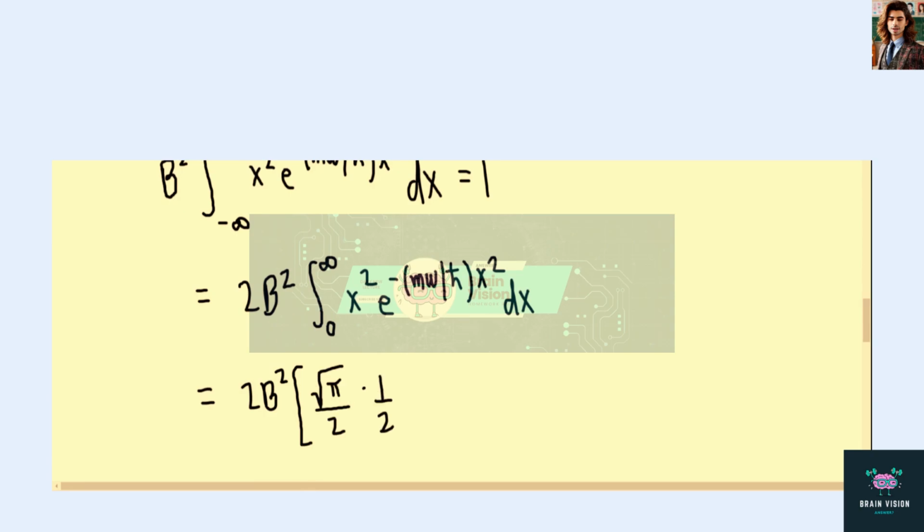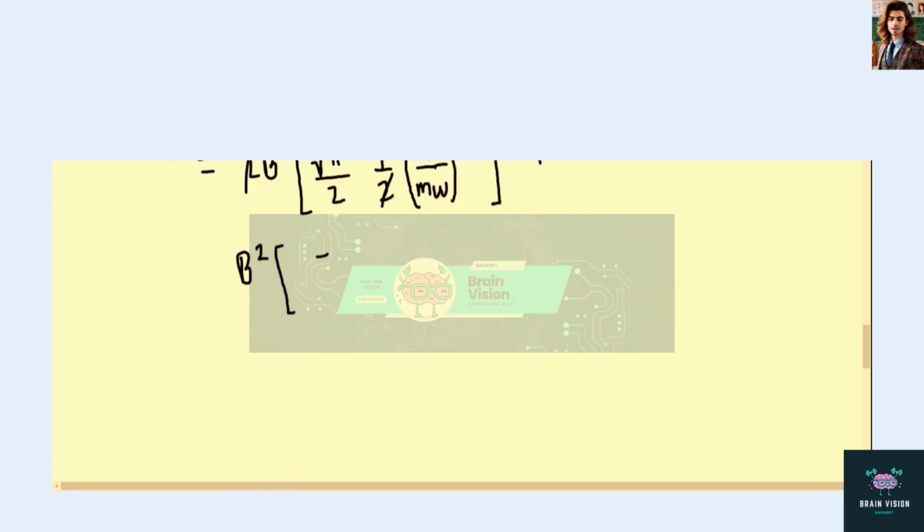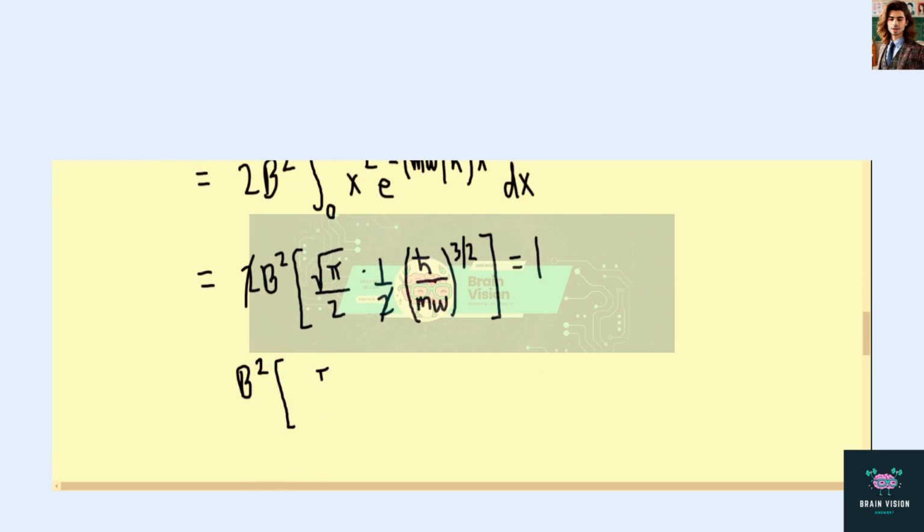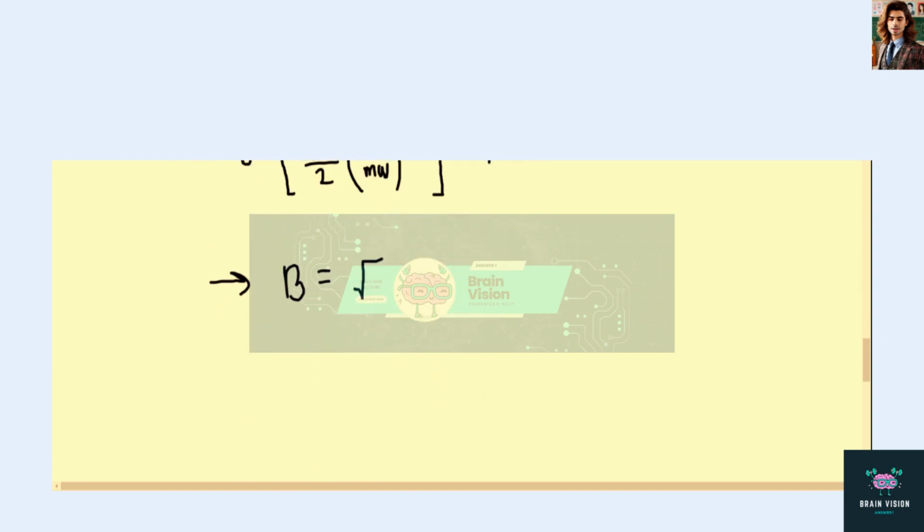So now, carrying out the integral, you get this result, and you see the 2's that cancel. And then finally you have the following multiplying together to equal 1, and this gives you b.